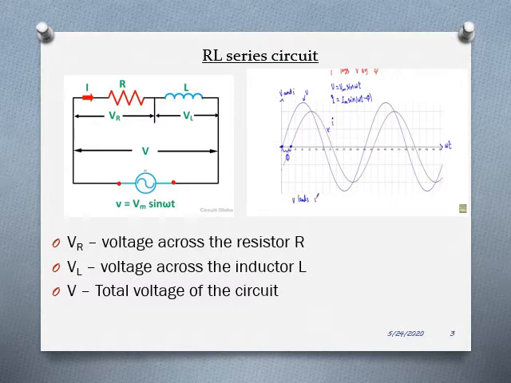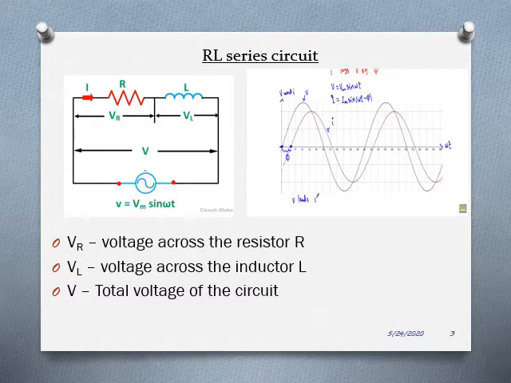That is, the current will be lagging the voltage by an angle phi, which will not be exact 90 degree and which will not be 0, but some angle in between 0 and 90 degree. Why? Because both the behavior of resistance and inductance is combined in the case of an RL series circuit.